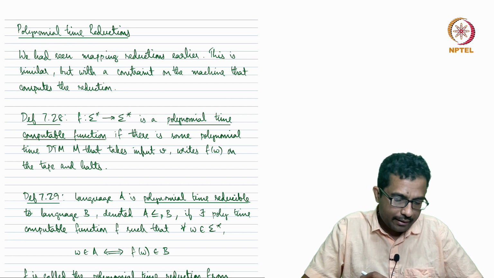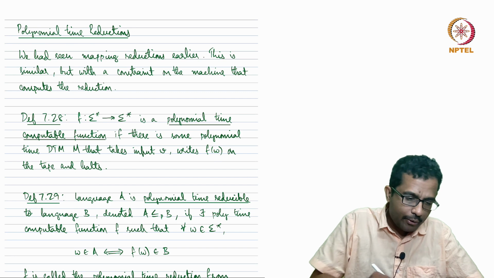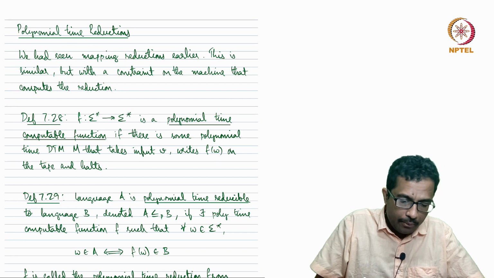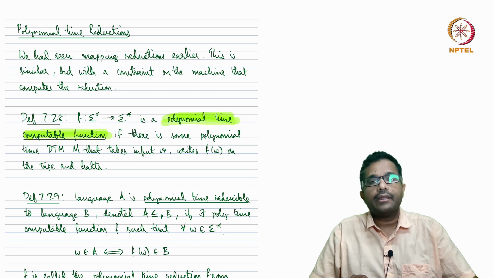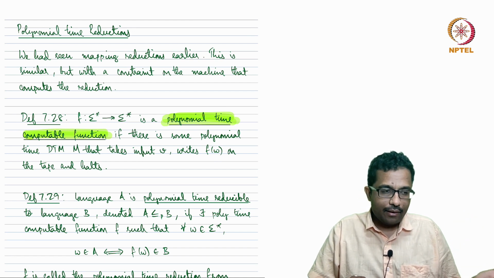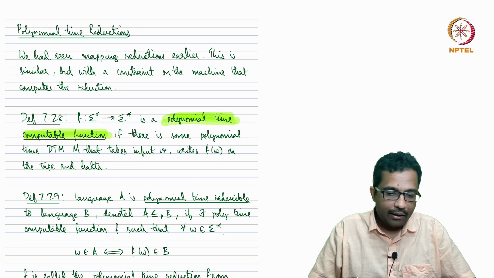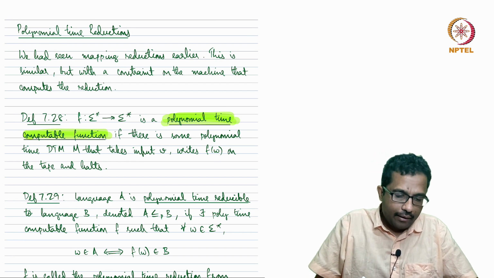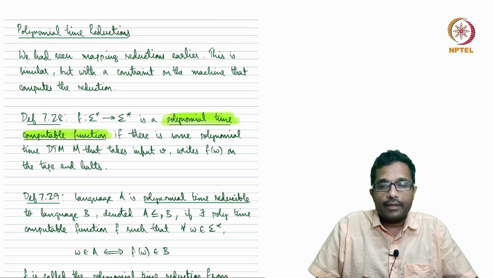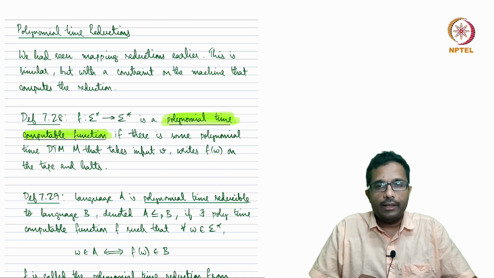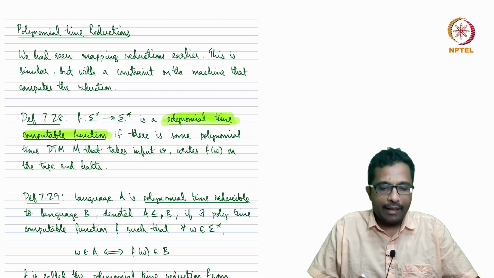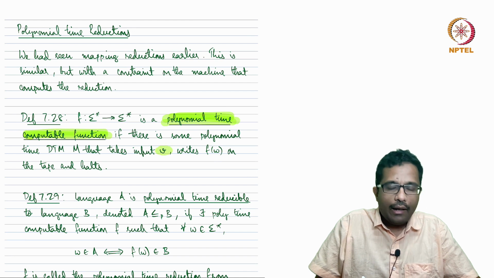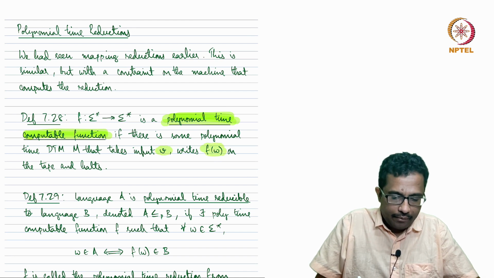So what is a reduction? First I am going to define a polynomial time computable function. We say that a function f is polynomial time computable if there is a polynomial time deterministic Turing machine M that takes the input, let's say w, and outputs f of w on the tape and then stops.